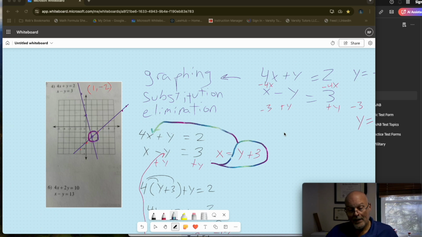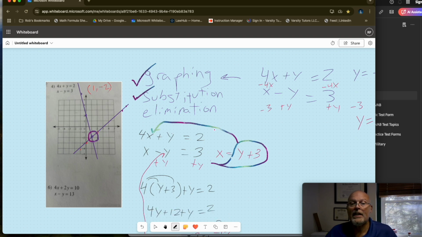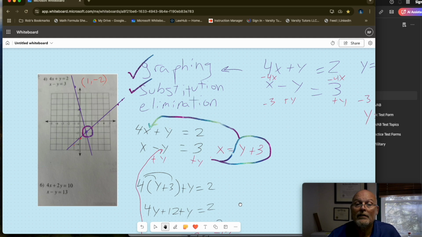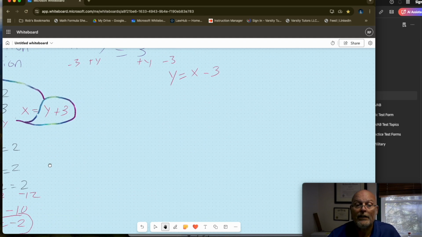All right, so now we have gone over graphing and substitution, and next we're going to do elimination. So in order to do elimination, I look at the two equations together. Let's go over here.